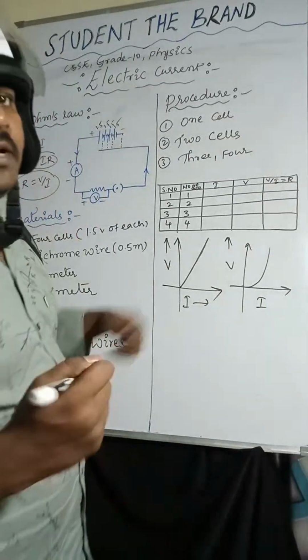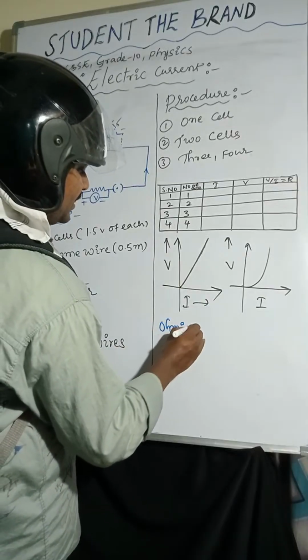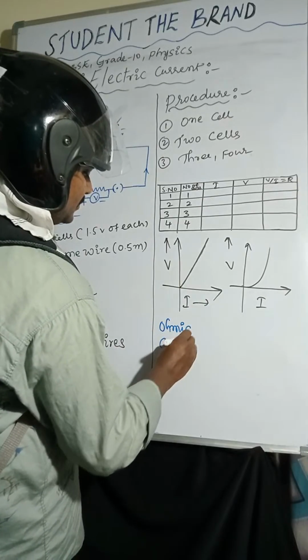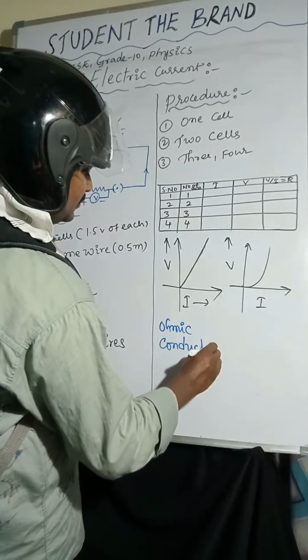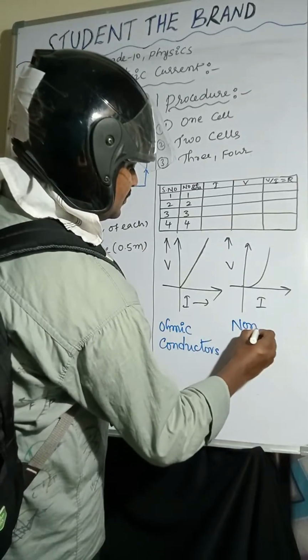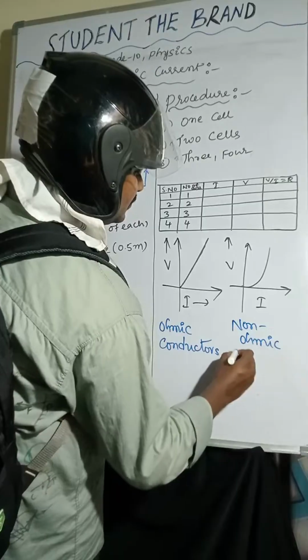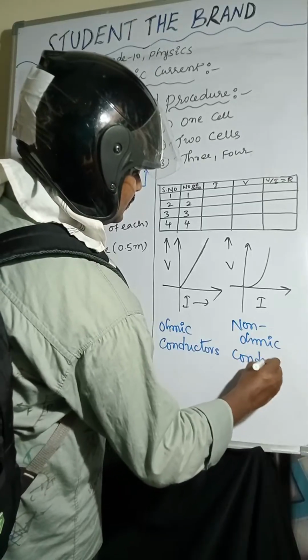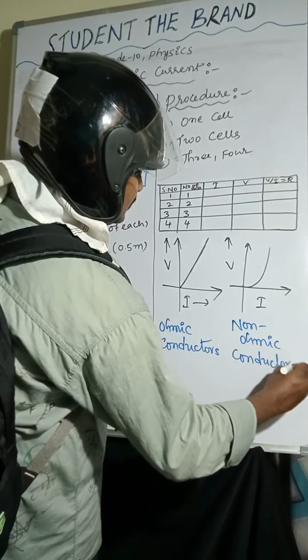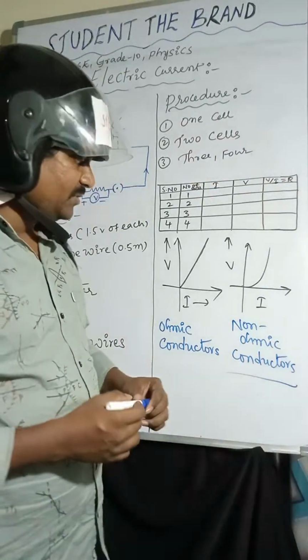Okay, so ohmic conductors, non-ohmic conductors. I hope it is very clear.